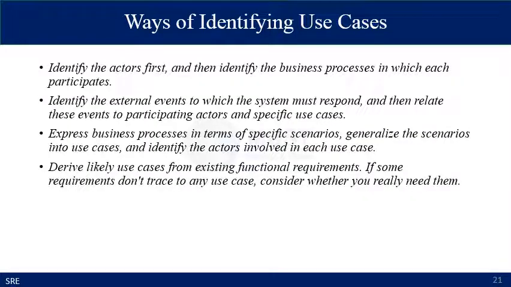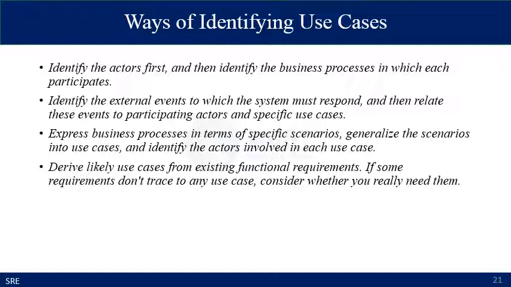There are several ways to identify the use cases. First of all, you have to identify the actors and then identify the business processes in which each actor participates. You identify the external events to which the system must respond and then relate these events to the participating actors and specific use cases.